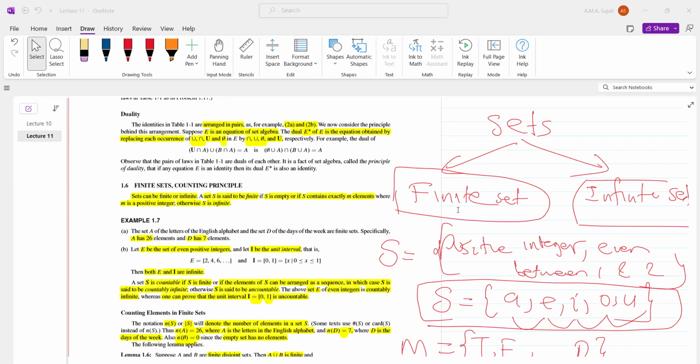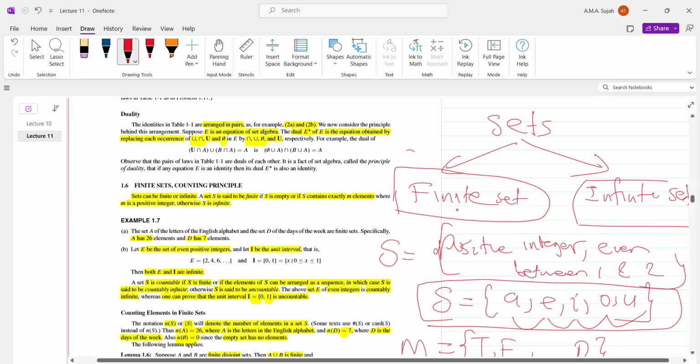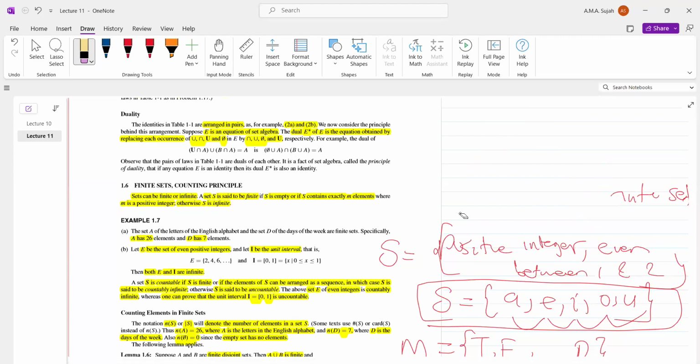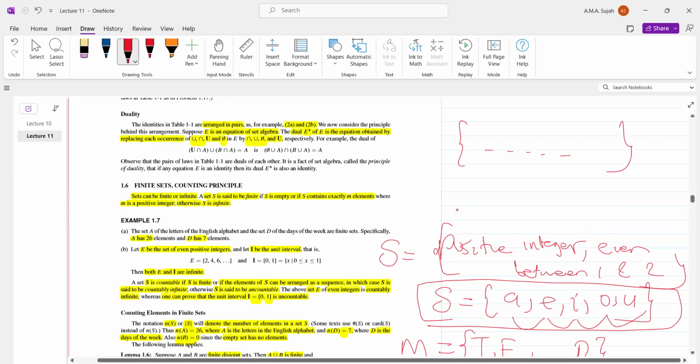If we don't know exactly how many elements, it is always denoted by dots, so these types of sets we call infinite sets.